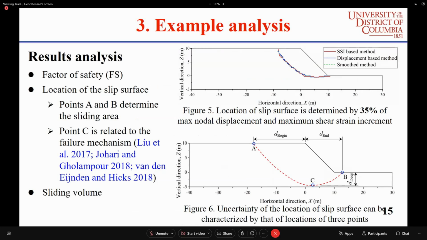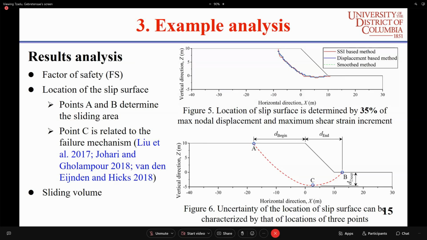The location of the slip surface might be determined by the nodal displacement method and the max shear strength increment method. As we can see in figure 5, when 35% of maximum node displacement is chosen, these methods can have a good agreement.